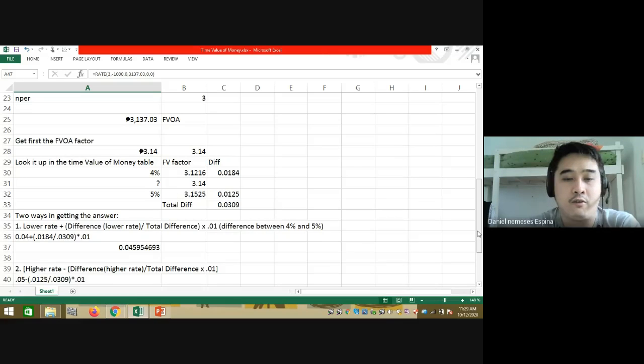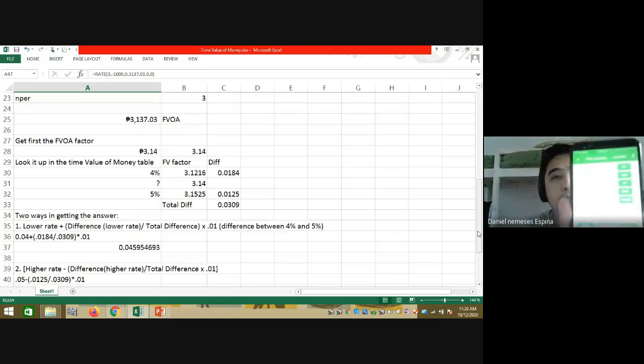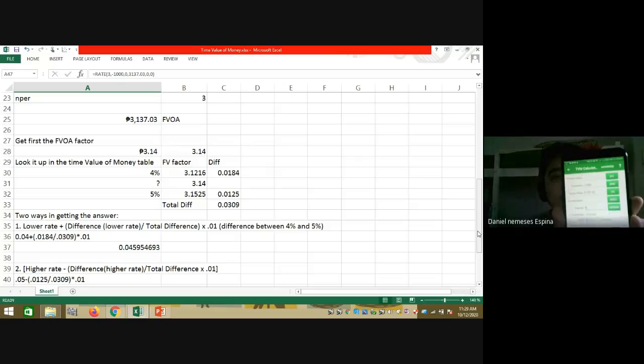So payments of negative 1,000. We have the future value 3,137.03, periods of 3, and it is compounding annually. The payment is at the end of the period. So I already input the given.